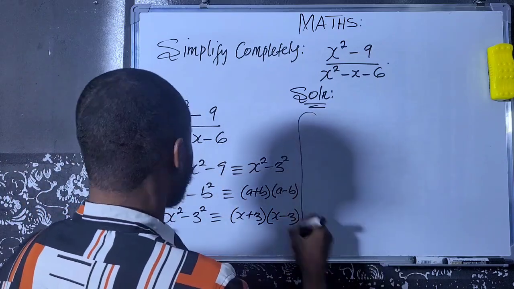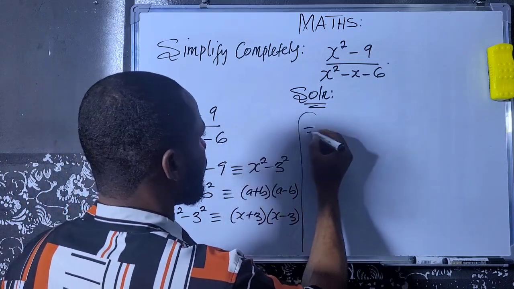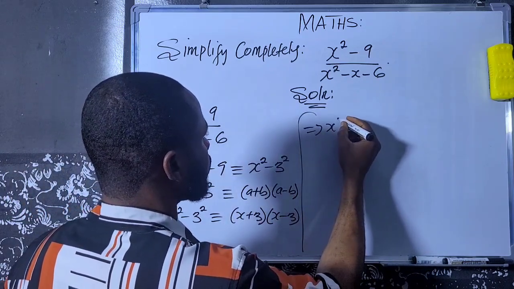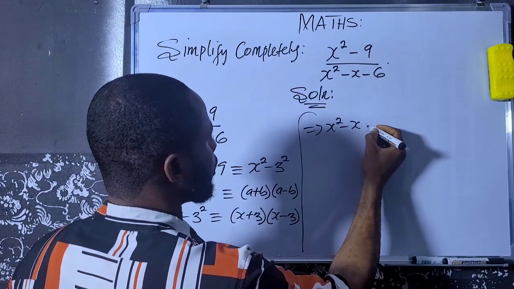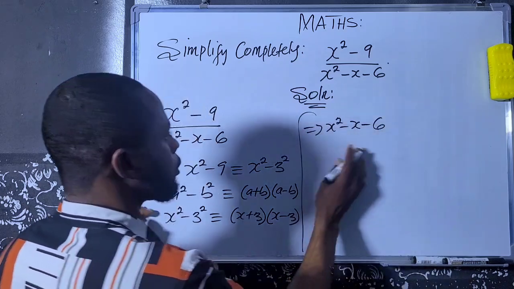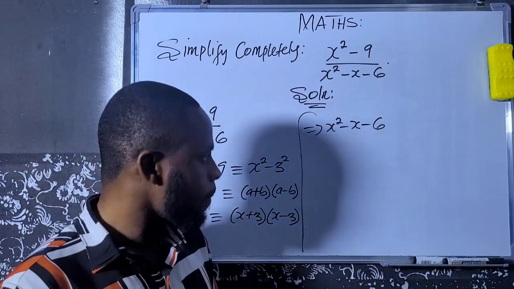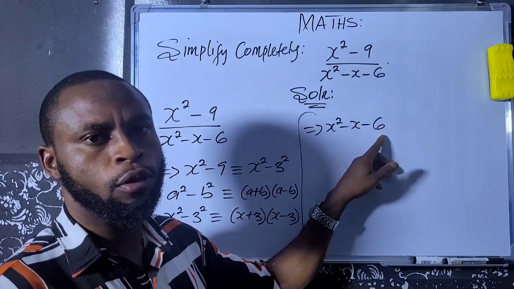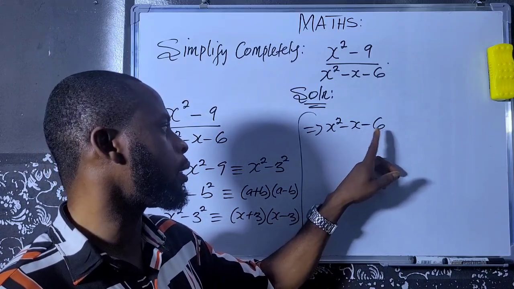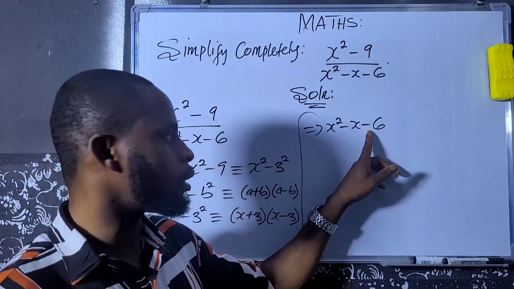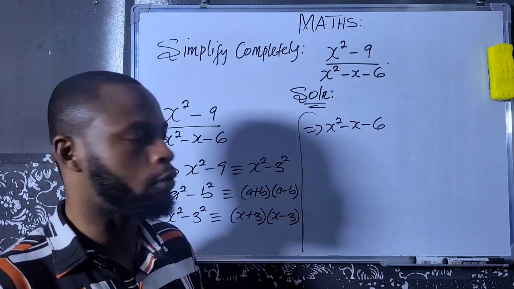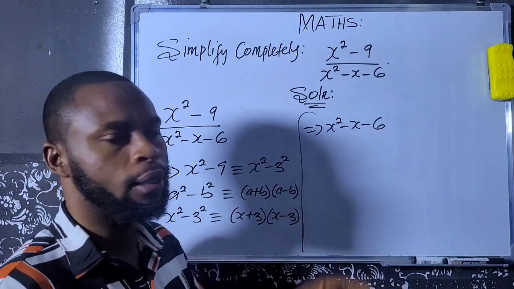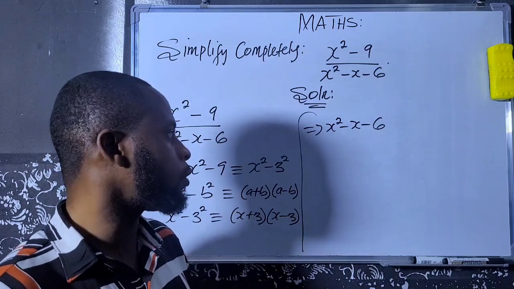Then in the denominator, we have this x squared minus x minus 6. Here, you come directly to 6, look for two possible factors of 6, so that when you multiply, it will give you minus 6. And when you add up these two same factors, it will give you minus 1, which is the coefficient of x.